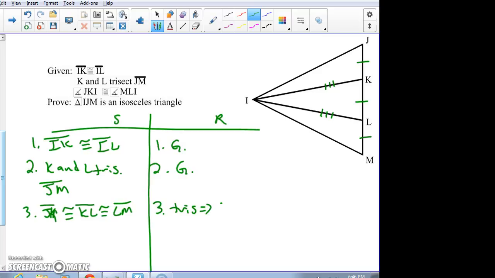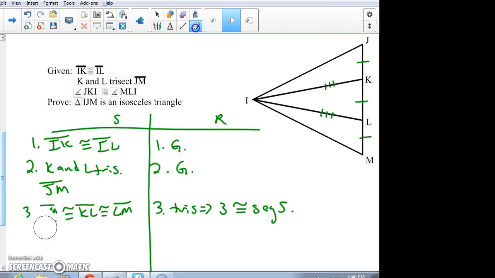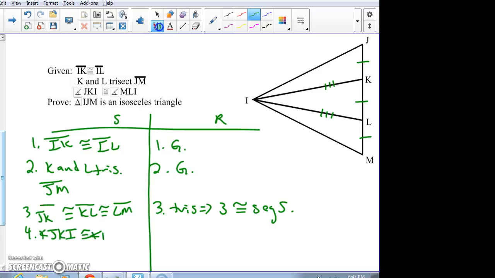Trisect makes 3 congruent segments. Maybe I'll put down those other givens, or there's only one more. Angle JKI congruent to angle MLI. JKI, that's this one. MLI, that's this.